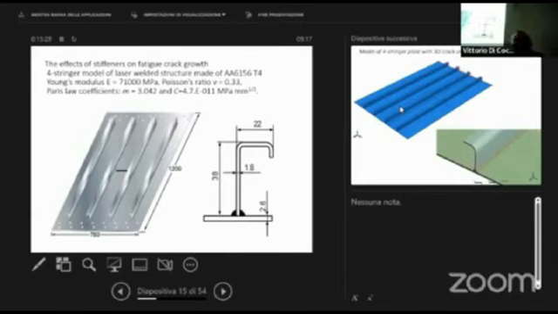This is linear elastic analysis. So a classical high cycle fatigue problem, the Young modulus for the aluminum alloy and Poisson ratio are given, and then the Paris law coefficients, which are obtained experimentally.